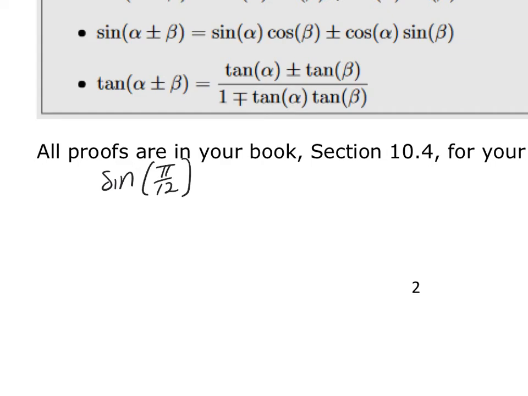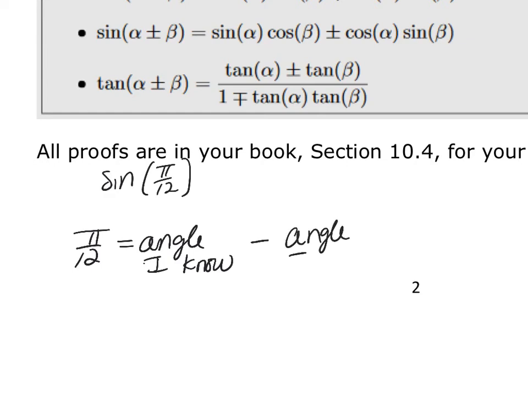So I'm going to break up the pi over 12 into angles that I know. I might subtract another angle that I know, or I might add it. So I need to find two angles that I know that add up to or have a difference of pi over 12.